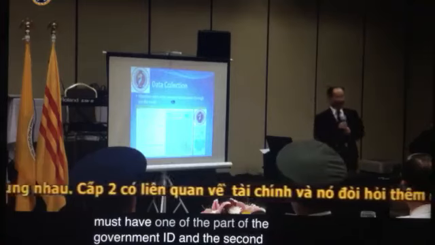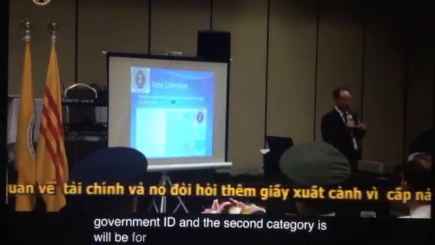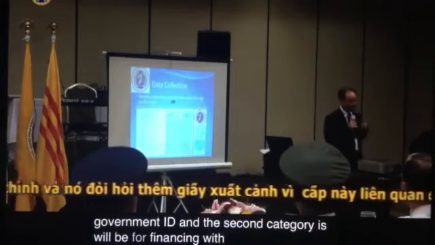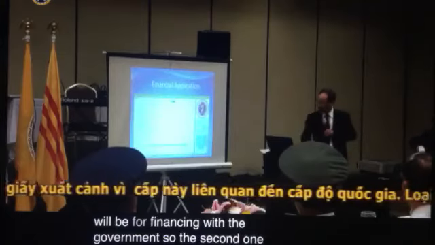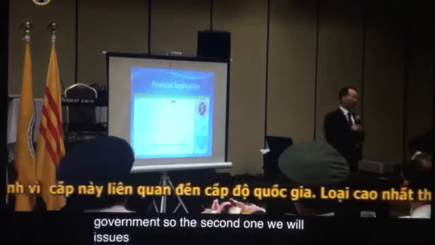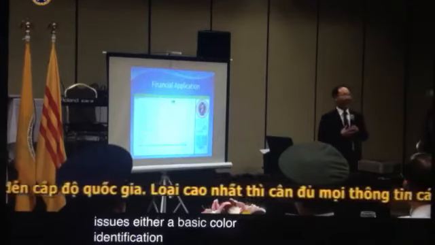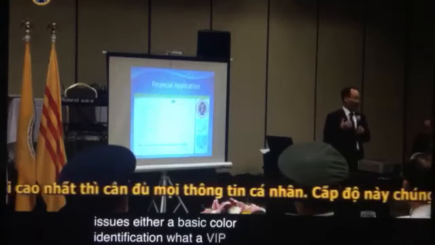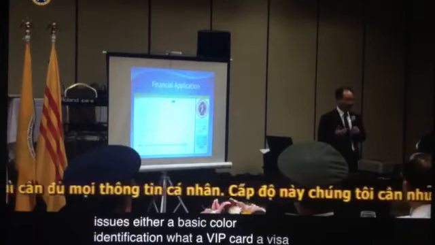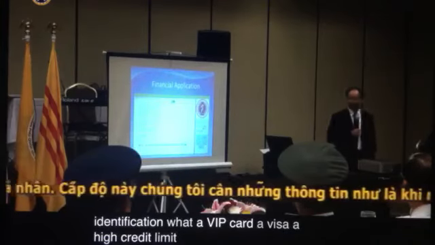The second category will involve financing with the government. We will issue either a basic identification card or a VIP card, which has a higher credit limit.